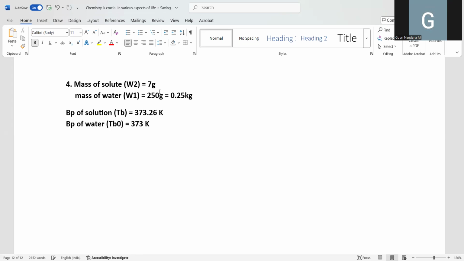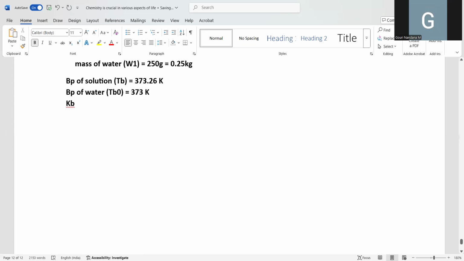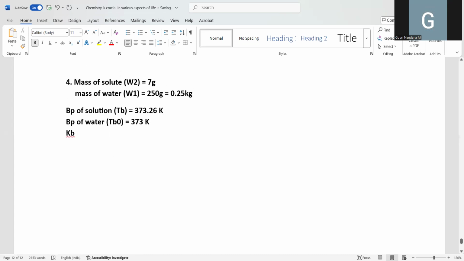Then the boiling point elevation constant, KB, is given. KB for water is 0.52 kilogram per mole. Now we need to find the molecular mass of solute, that is capital M. First we need to calculate delta TB.